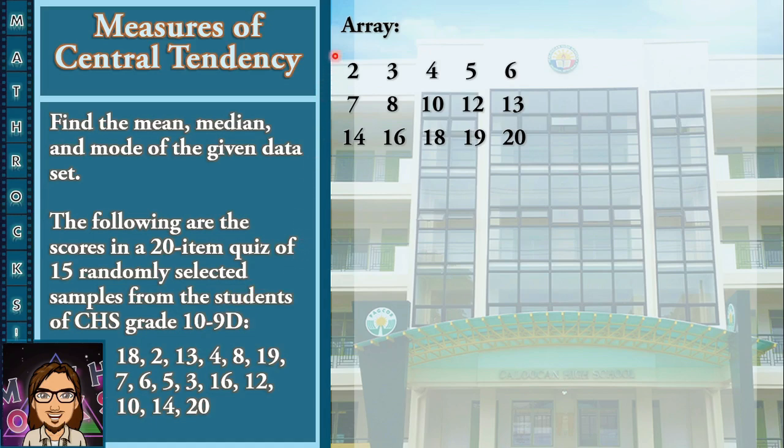But here we have a ready-made array that was derived from these observations in the given dataset. Now we can start with the mean. Anyway, we are not required to have our dataset presented as an array before we can proceed with the solution for the mean.